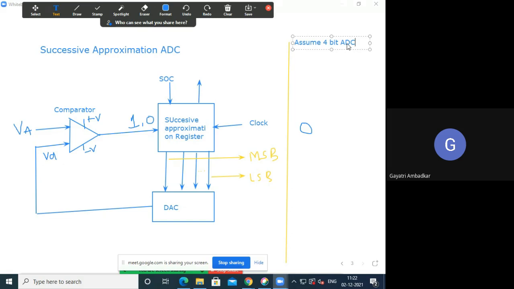Analog to digital converter: when I say it's a 4-bit ADC, it will use only 4 bits to represent your analog voltage in digital form. Where is our analog voltage? Here, VA. Let this VA be equal to, let's say, 11 volt. The analog voltage present is 11 volt. Now we'll check how this will perform.